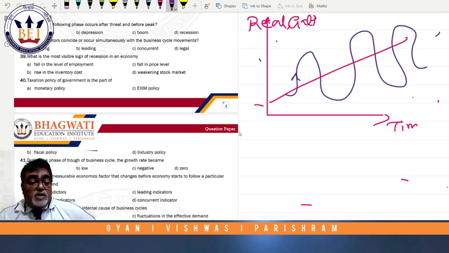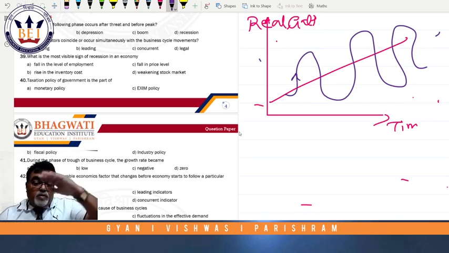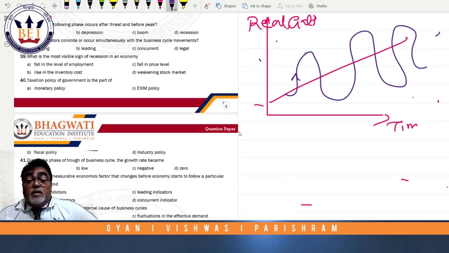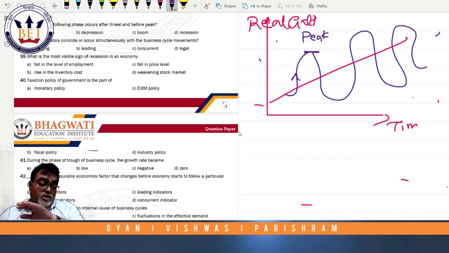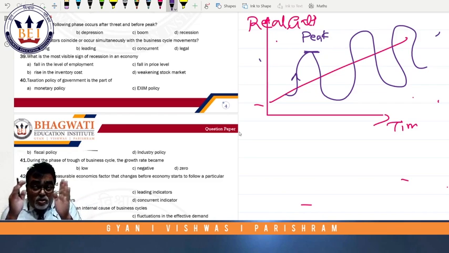It is called expansion, where output and employment are both increasing, but there should be some maximum saturating point called the peak point. Some people call it the boom point, but it is quasi in nature. Everyone is saturated, full employment takes place, and the economy is going to be stagnant after that. Quasi in nature means it appears, and after a certain point it disappears.